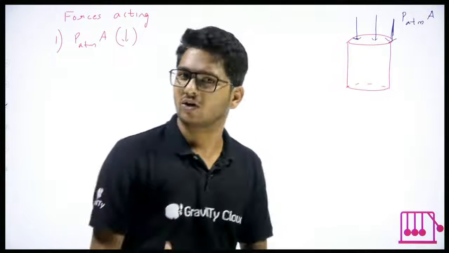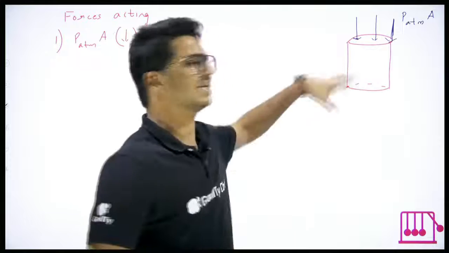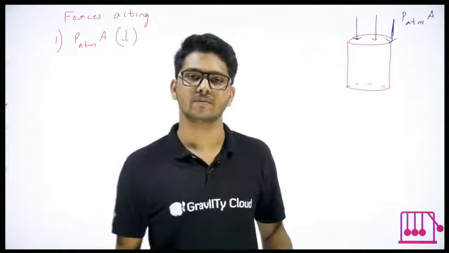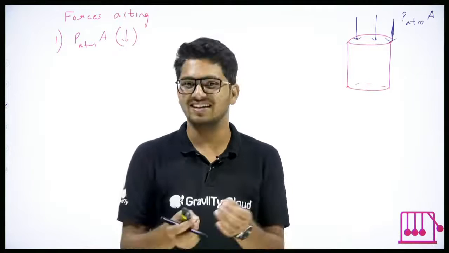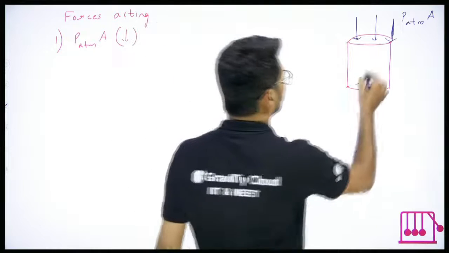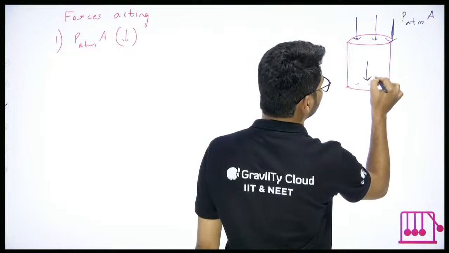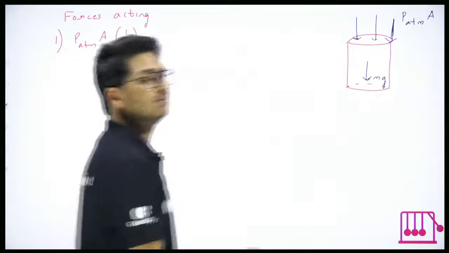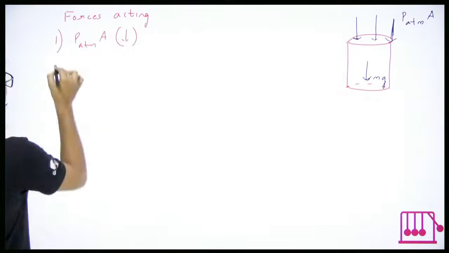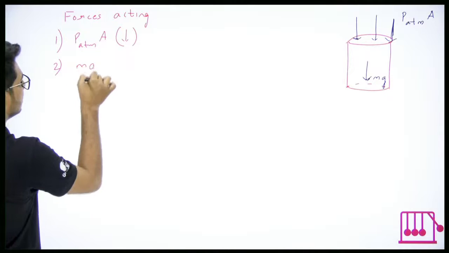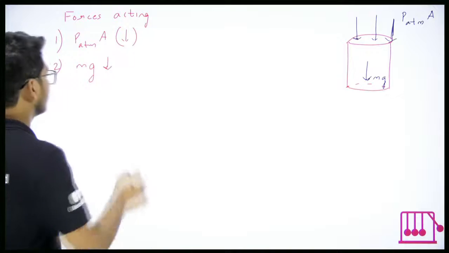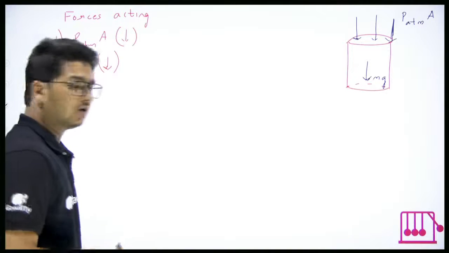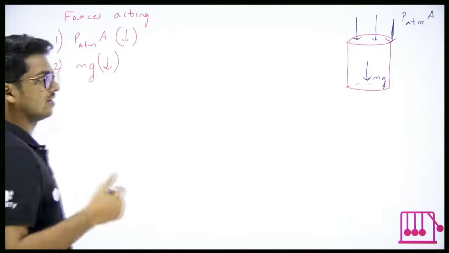Then what other force will be acting? See, that cylinder is nothing but completely water, and water has mass, and if there is mass, there is gravitational force. So you can also say that there is gravitational force, mg. That is also downwards, mg downwards. Got it? Now, what else?